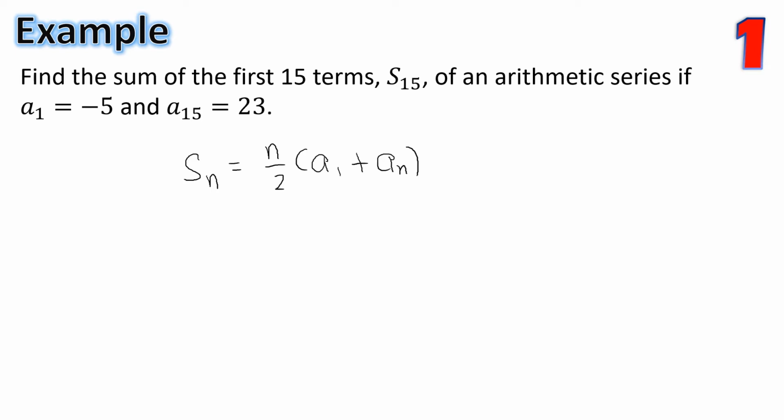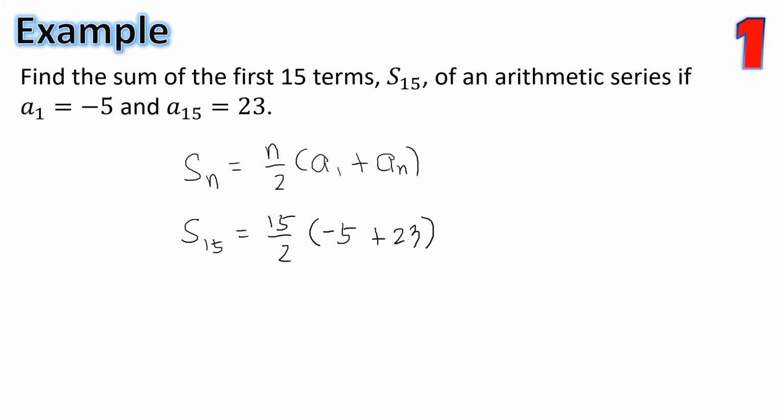Substituting the values for a sub 1 and a sub 15, where n is equal to 15, we have S sub 15 is equal to 15 over 2 times the quantity negative 5 plus a sub 15, which is 23.